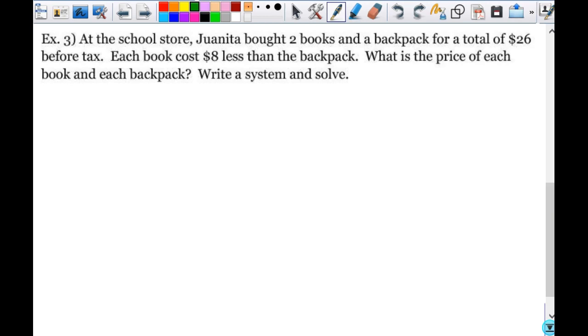Raise your hand if the variables you used in your system are x and y. Okay, raise your hand if you used something other than x and y. Okay. All right, so tell me, what 2 variables did you use? B and D? Okay, so tell me why you chose B and D. Okay, because you couldn't use 2 B's. Okay, what did you use?